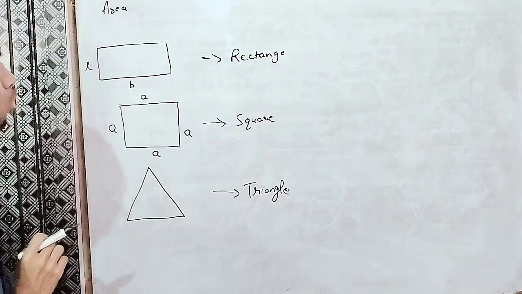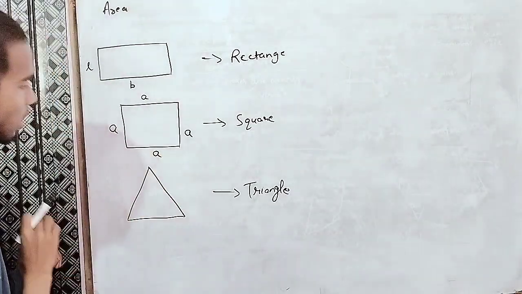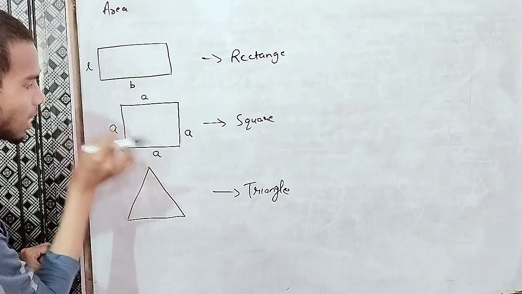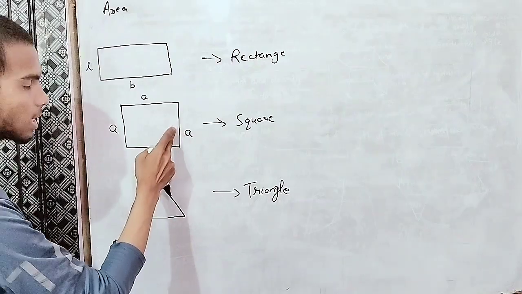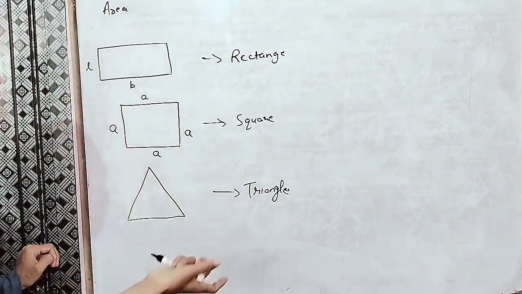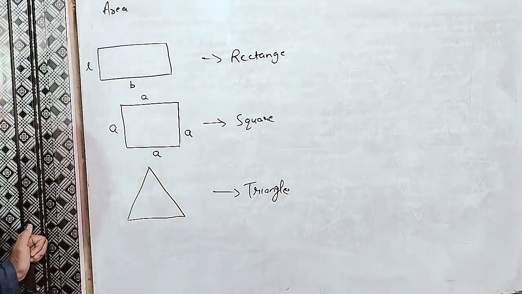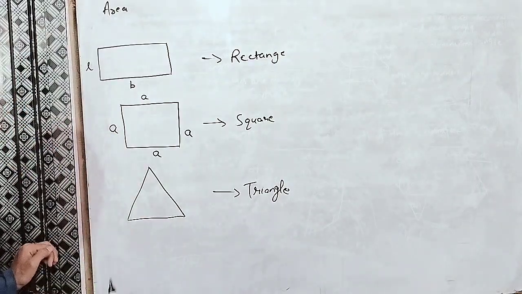It means all sides of this shape are equal. If the length of this side is 6 centimeters, then of course this side will be 6 centimeters, also this side, and this side as well.